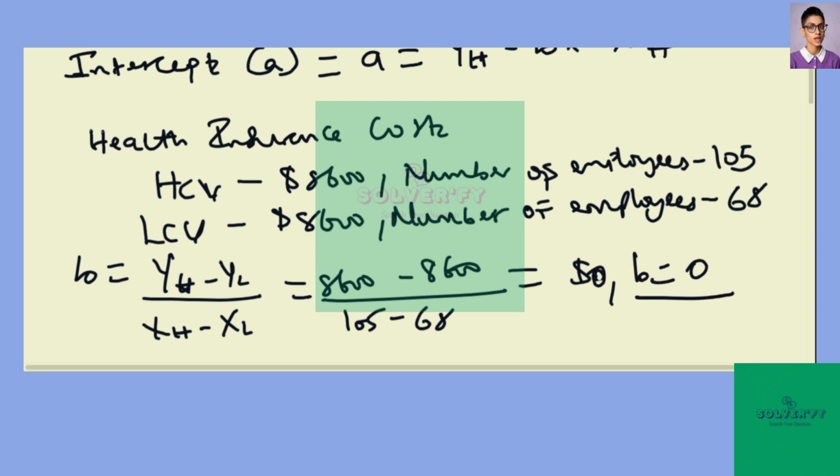So now moving on, we're going to calculate the intercept A for the health insurance cost, given the highest cost value of 6,000 and the number of employees of 105. So the intercept A would be YH minus B multiplied by XH.